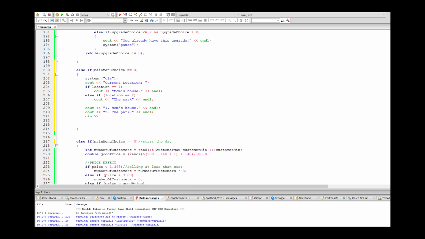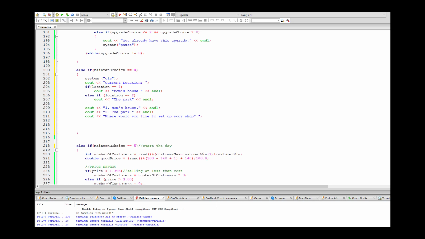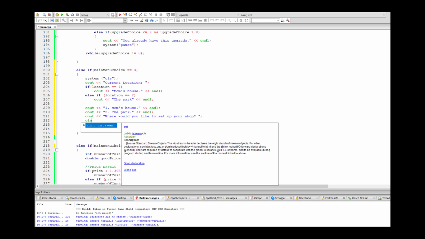Then we're going to ask a question here, so cout where would you like to set up your shop? And we're going to say cin.